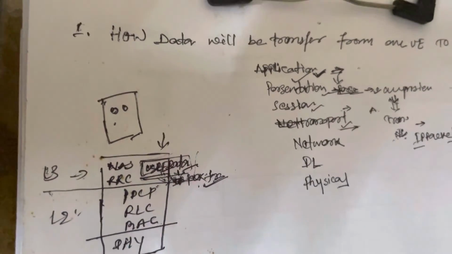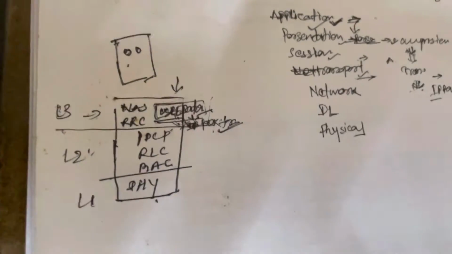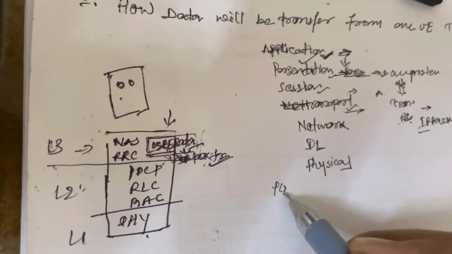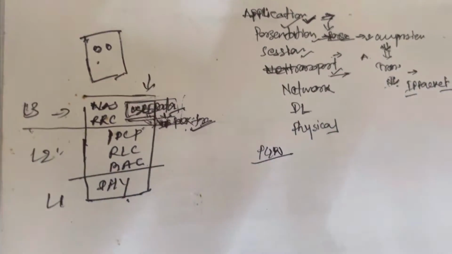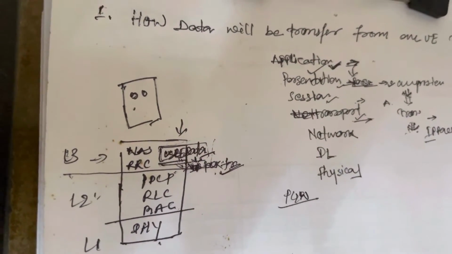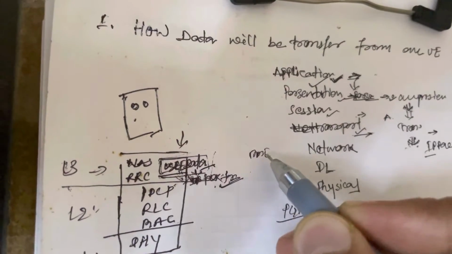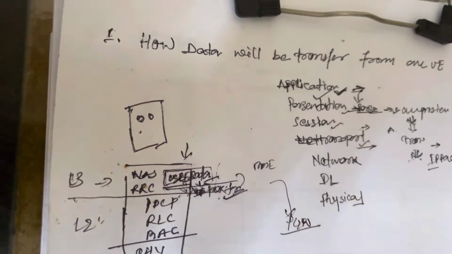I already told you that the P gateway will allocate the IP ID for the UE, and through the MME the UE will communicate with the P gateway, right?